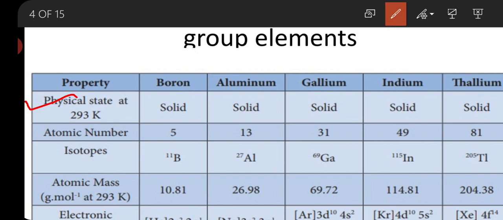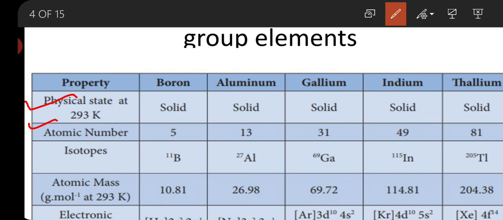Second, atomic number. The atomic numbers are 5, 13, 31, 49 and 81. How to remember these numbers is a very important trick.